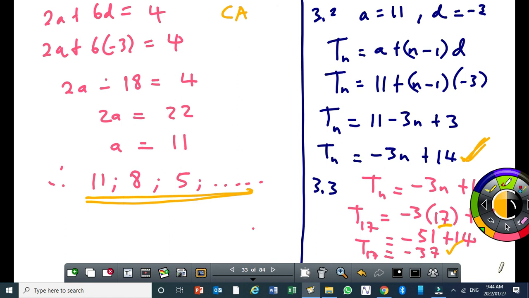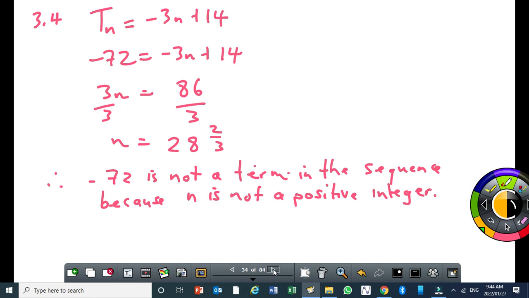All right, let's carry on. Then 3.4, we need to determine if minus 72 is in the sequence. So write your general term. It's linear, or it's arithmetic. Substitute Tn by minus 72. Then you simplify. You get n equal to 28 and 2/3.